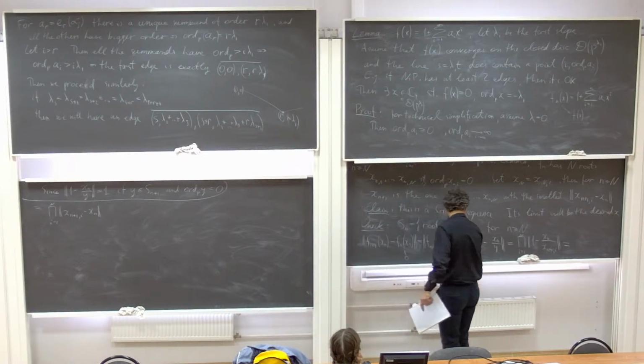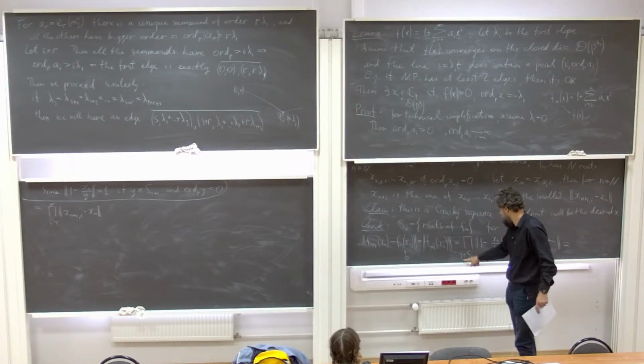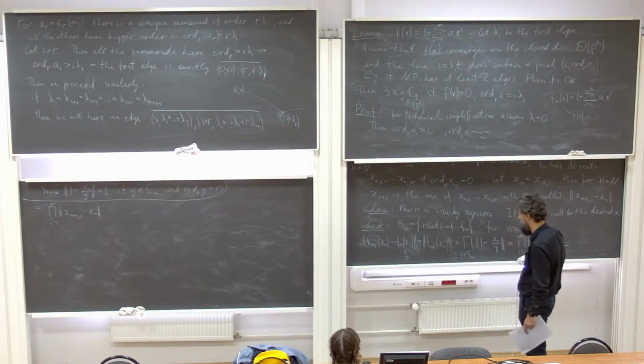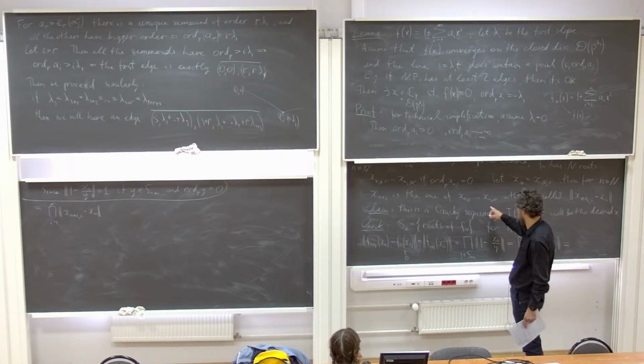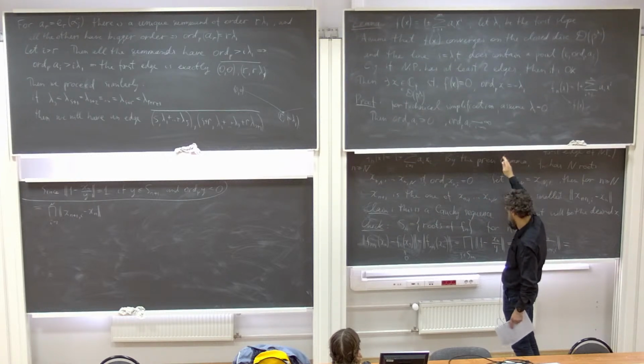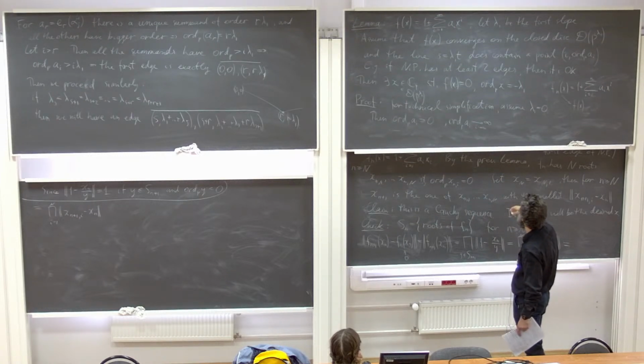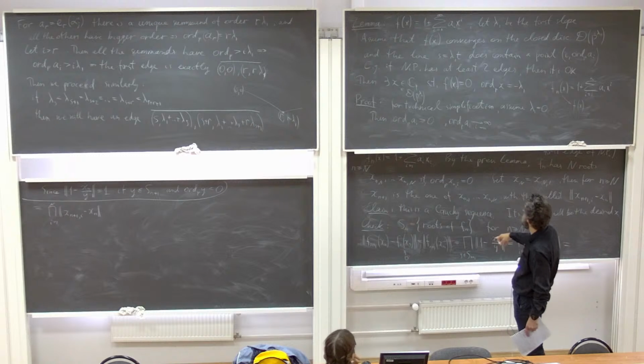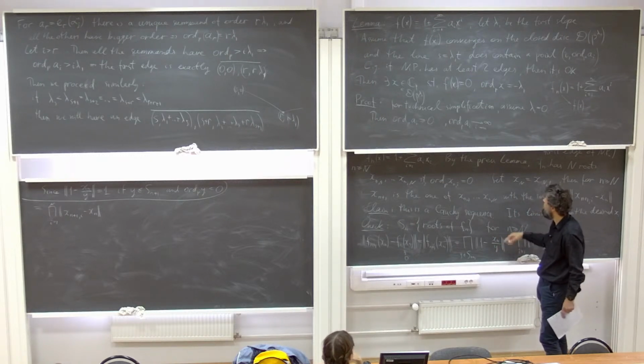So these are roots. All the roots are of order either 0 or smaller, right? The inverse order is bigger than 0.